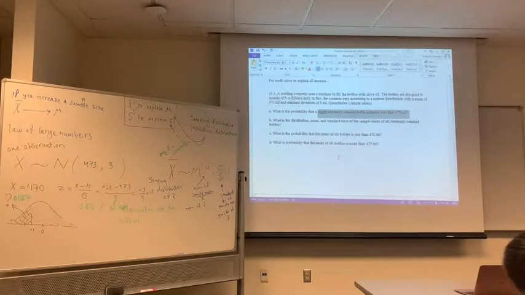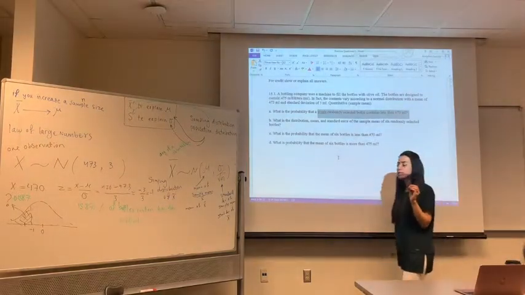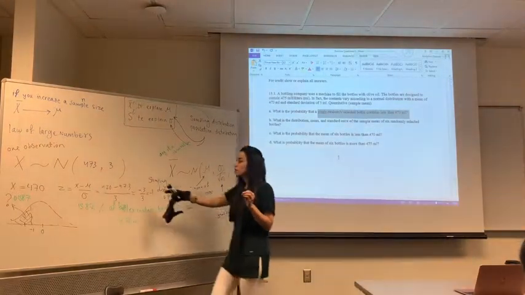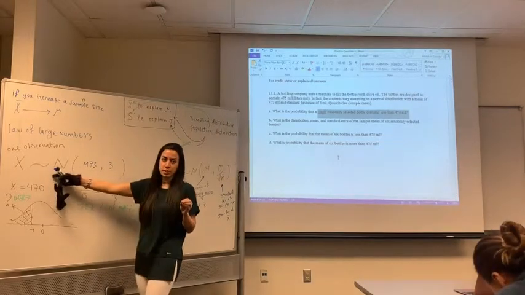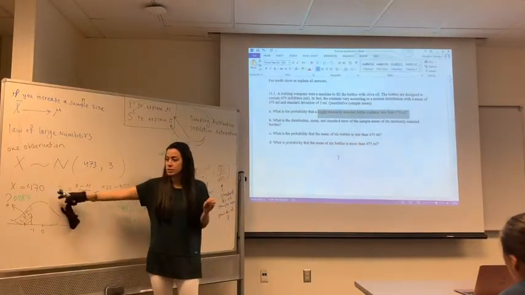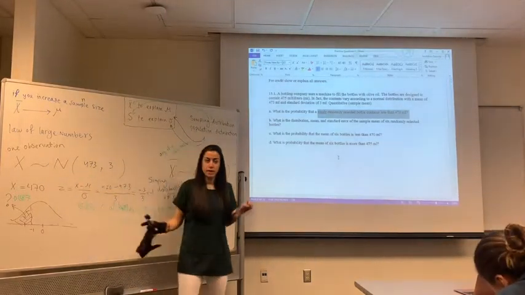It tells us the mean of the distribution. It says vary according to a normal distribution with a mean of 473 and a standard deviation of 3. Correct? So it's giving us information about the population. And as soon as we have a normal distribution for the population, we are able to use this method, z-value, to find any probability.